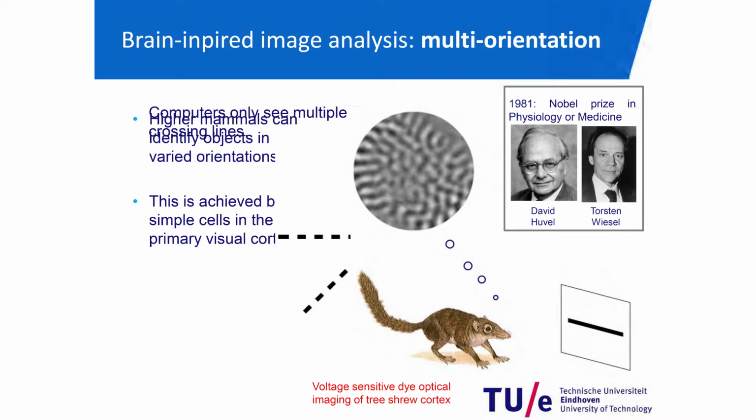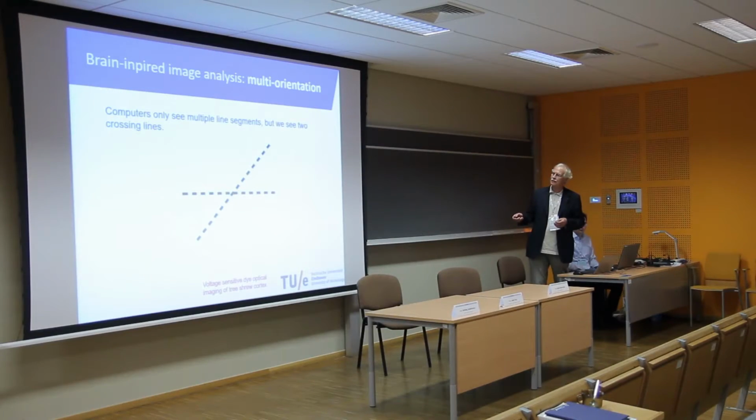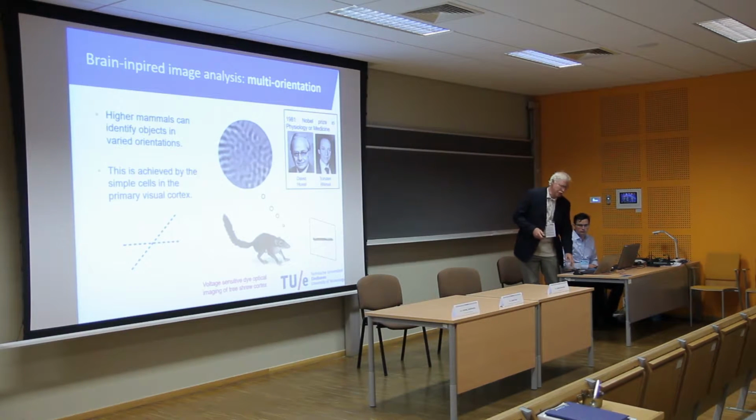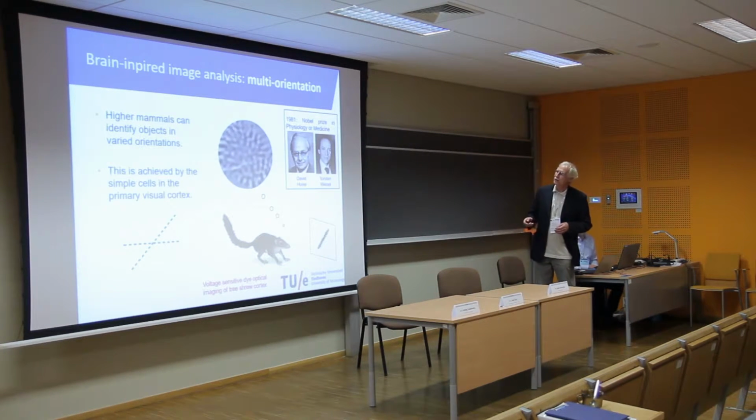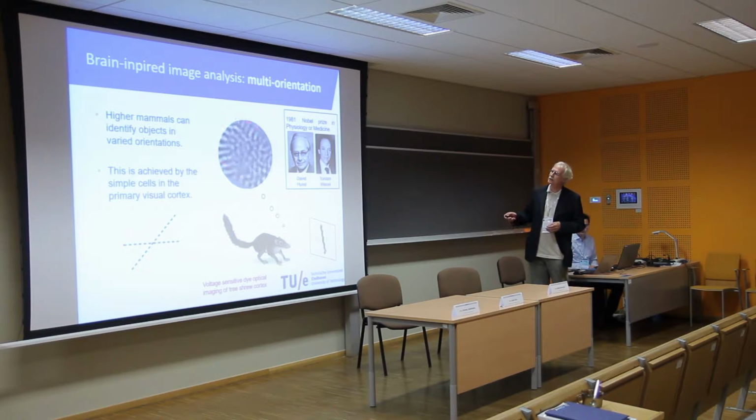But of course, this is very local, and we need to go to global operations. For people, it's very easy to see that these are connected lines. Computers see lots of lines, and you need to have a more global view on this. So we started to look in the literature, and this is a voltage-sensitive dye measurements of the brain.